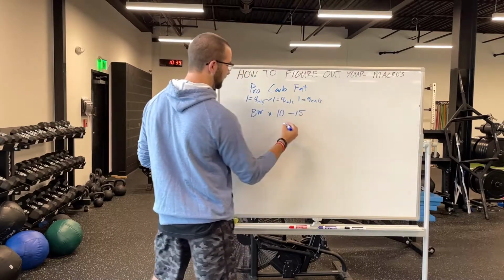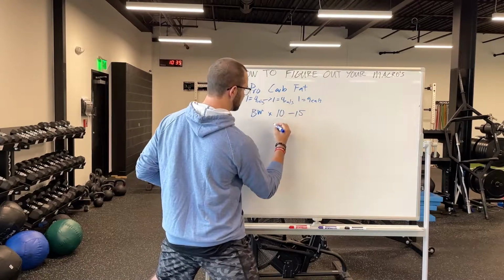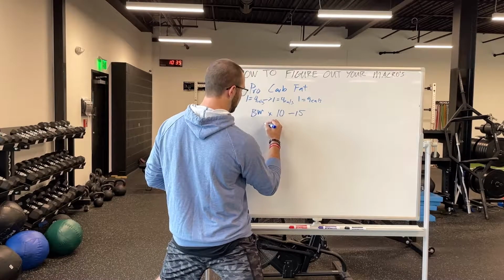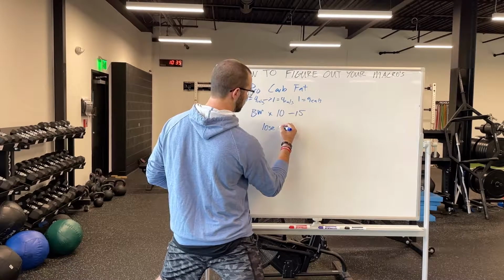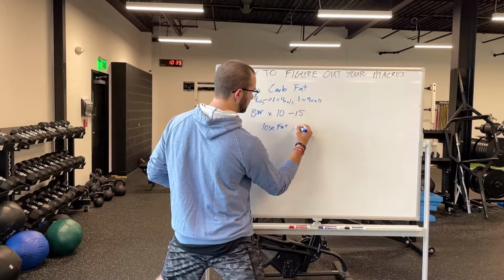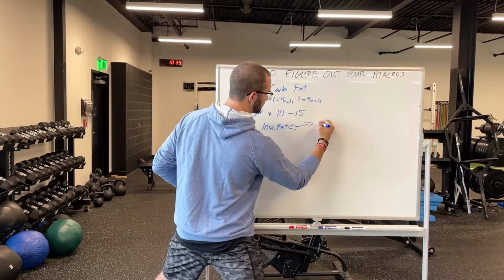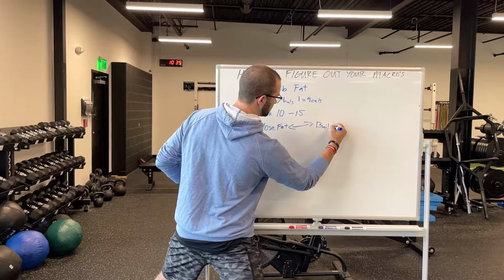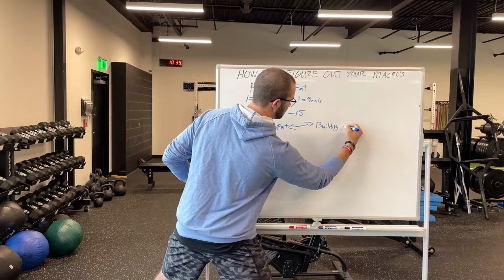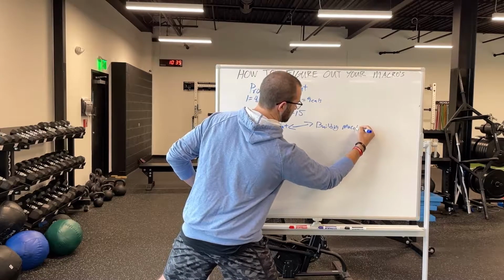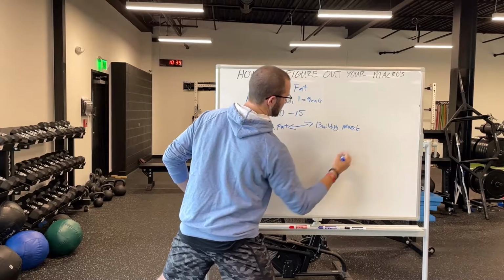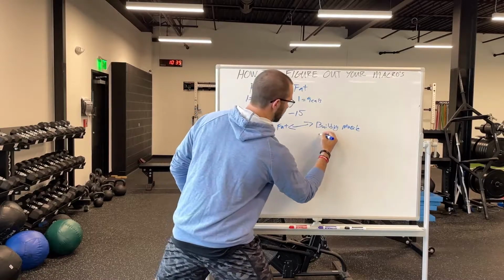This 10 would be if I want to lose weight or lose fat, and then the spectrum would go from 10 to 15 for building muscle, if you can read my handwriting, or for endurance.